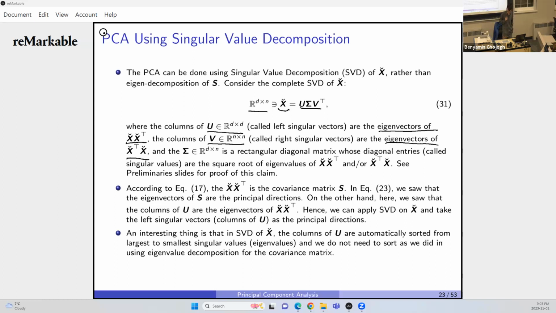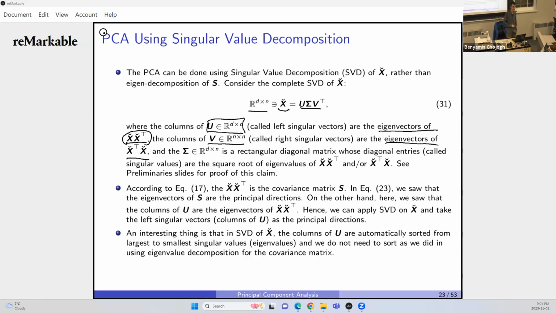Now, what was the solution of PCA? Eigenvectors of the covariance matrix before projection, X breve X breve transpose. As a result, the solution of PCA can be seen as the left singular vectors of X breve.